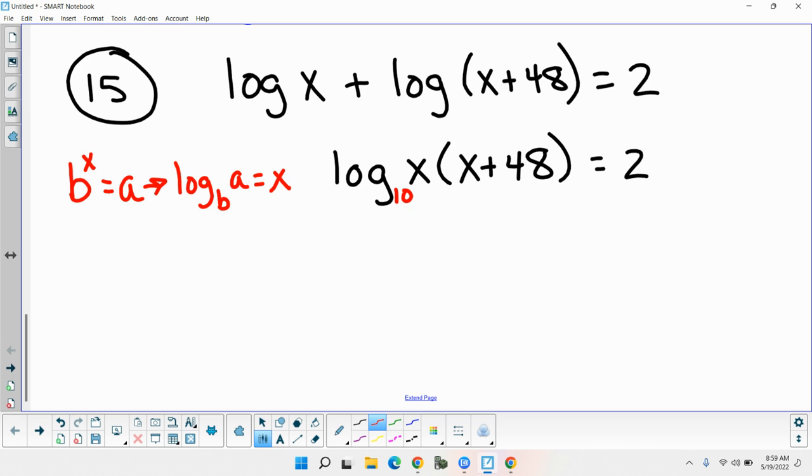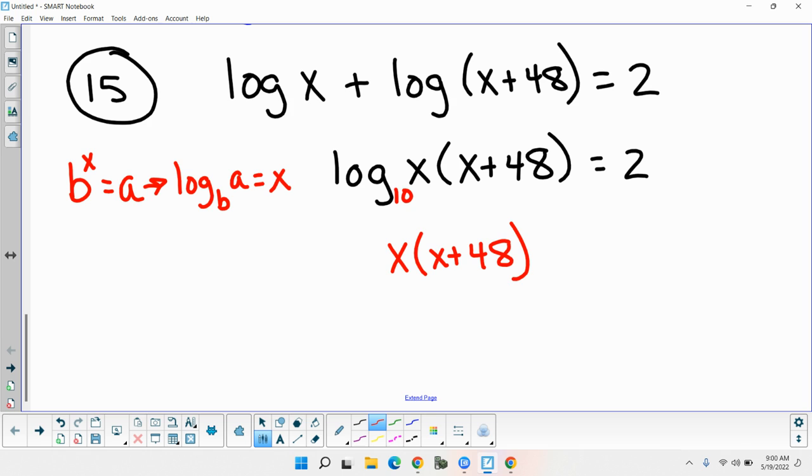So we have log base 10 of x times x plus 48 equals 2. This is in logarithmic form. In exponential form, the a, which is this, equals the base to the x power.